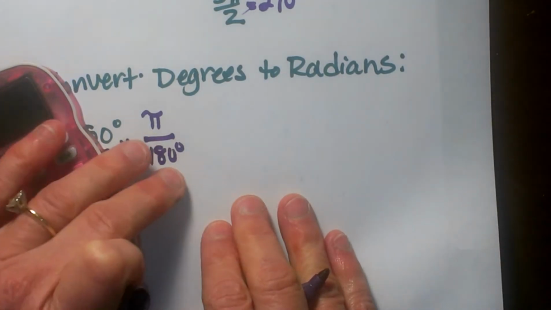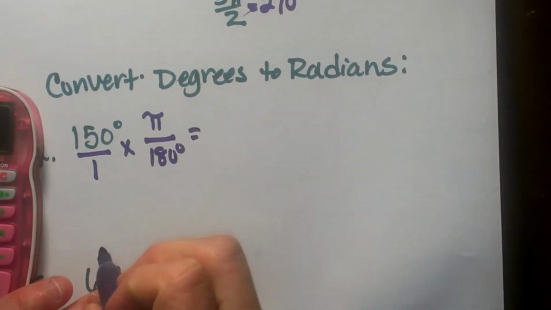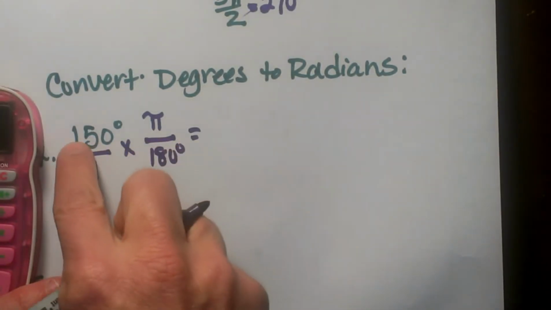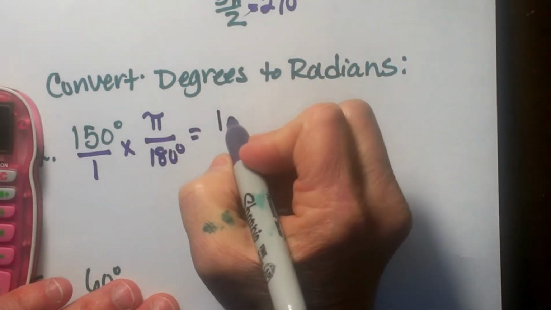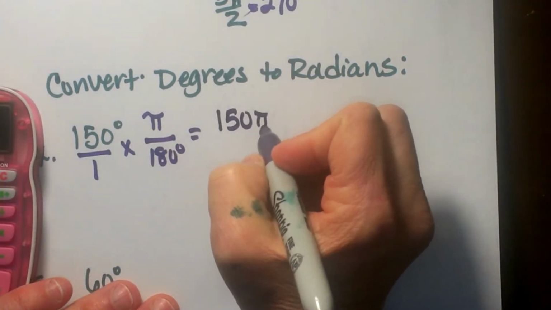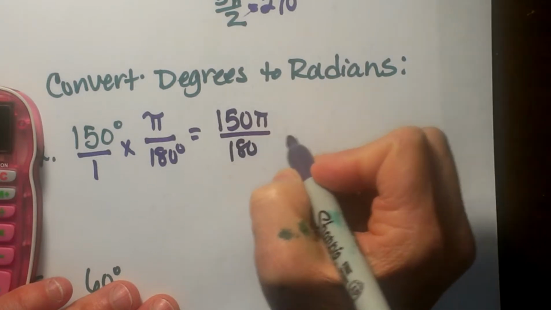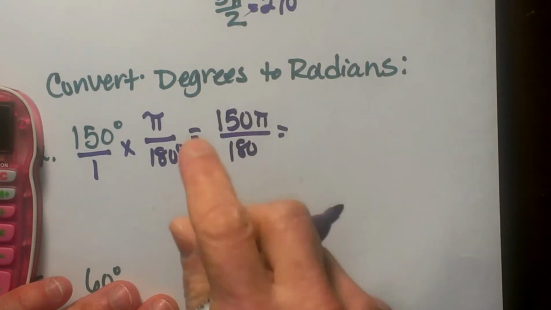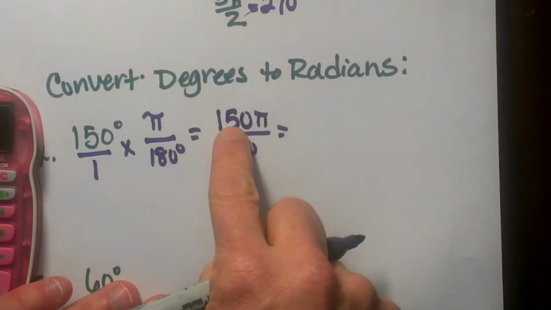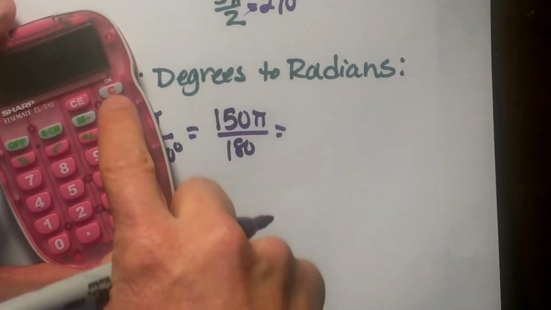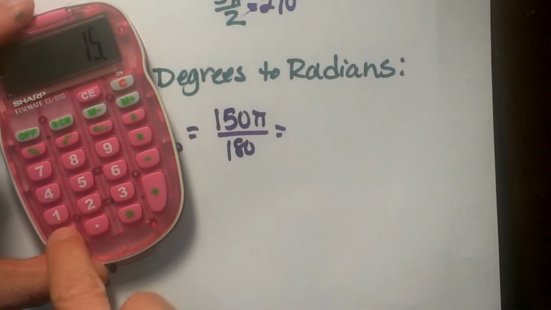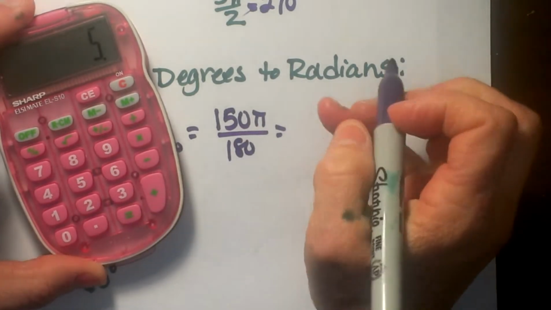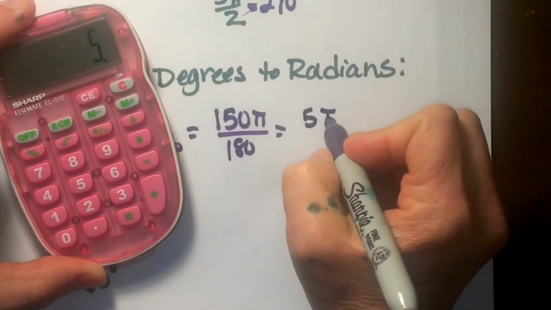Now, you may want your calculator handy to help you, but you're just going to multiply the top. So I'm going to take 150 times pi over 180. Now, I can reduce this. I can reduce these by what, 30? So let's take 150 divided by 30. 150 divided by 30, that's going to give me 5 pi on top.